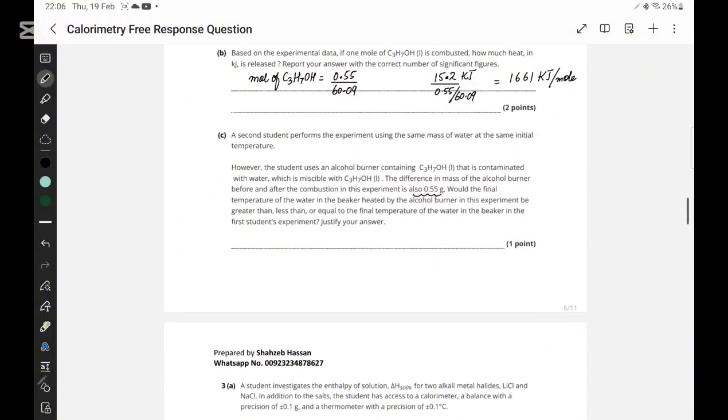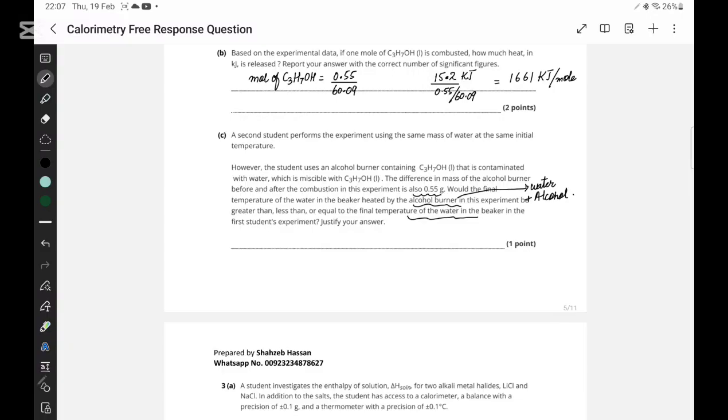Now the question is whether the final temperature of the water in the beaker heated by this alcohol burner, which contains water as well as alcohol, would be greater than, less than, or equal to the final temperature in the first experiment. Definitely it is going to be less. Why?